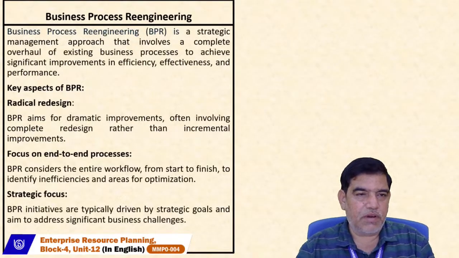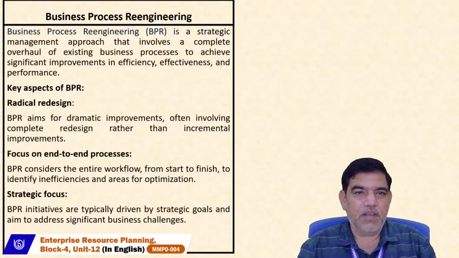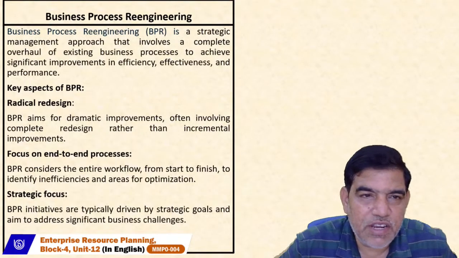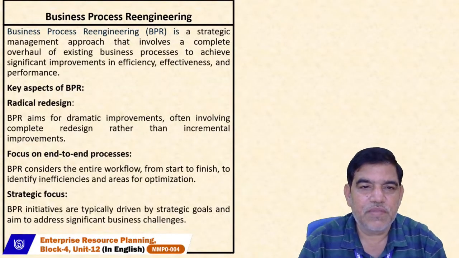Then we discuss business process reengineering. Business process reengineering is a strategic management approach that involves a complete overhaul of existing business processes to achieve significant improvements in efficiency, effectiveness, and performance. One word is there, re-engineering, which means redeveloped.